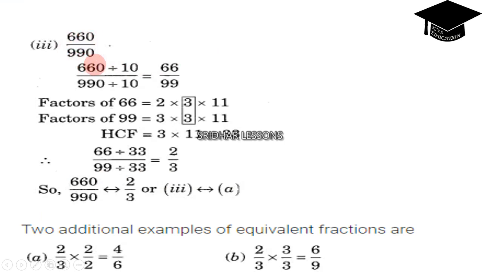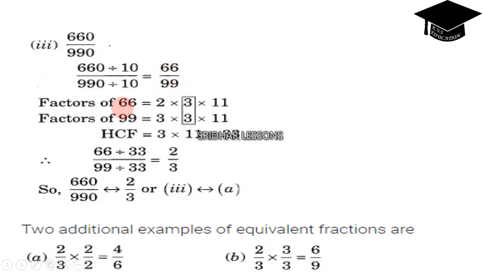660 divided by 990. If you divide these with 10, it is 66 by 99. Further simplification, or else you can cancel the zeros. 660 with 990, the zeros can be cancelled and we will get 66 by 99.